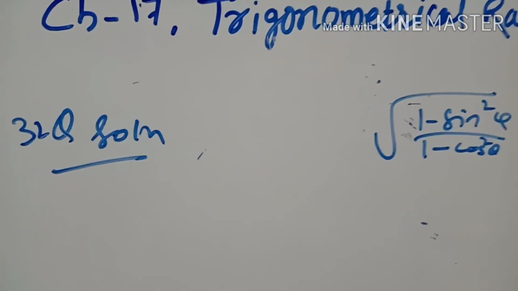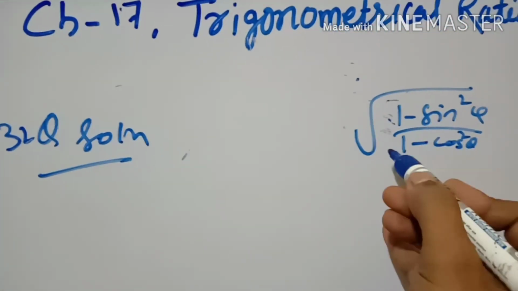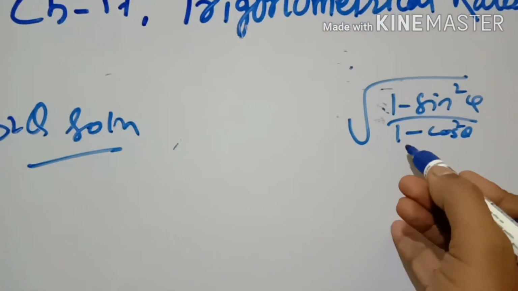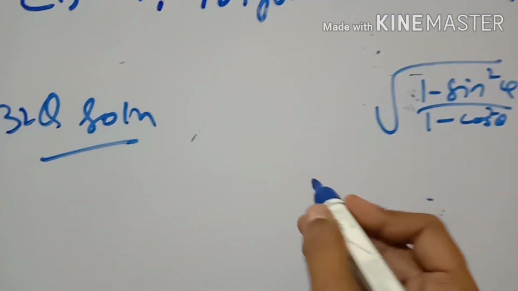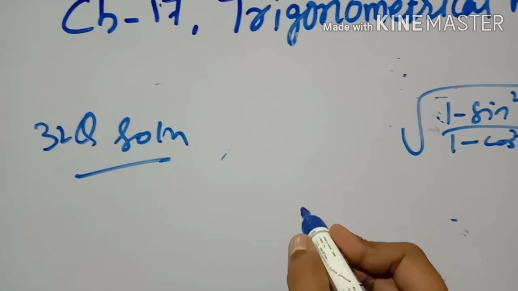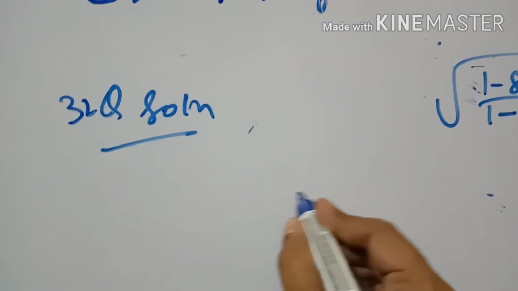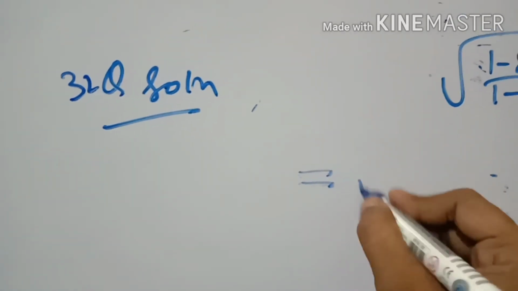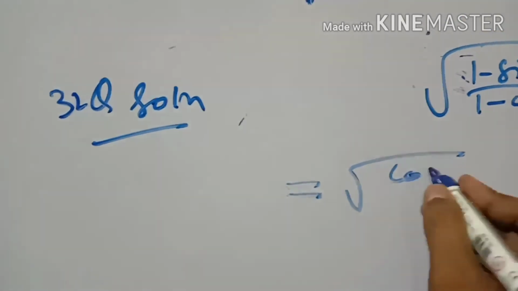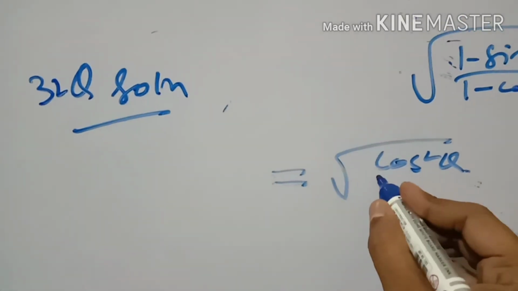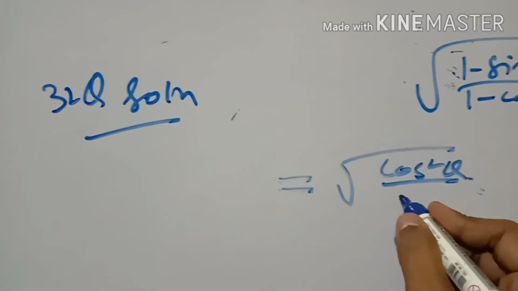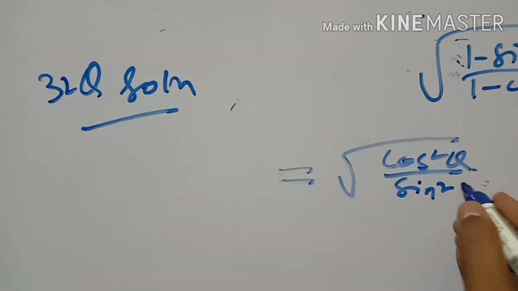Now question number 32. It is given, simplify under root of 1 minus sin square theta by 1 minus cos square theta. As we know, by the square relation, 1 minus sin square theta equal to cos square theta, and 1 minus cos square theta I can write sin square theta.